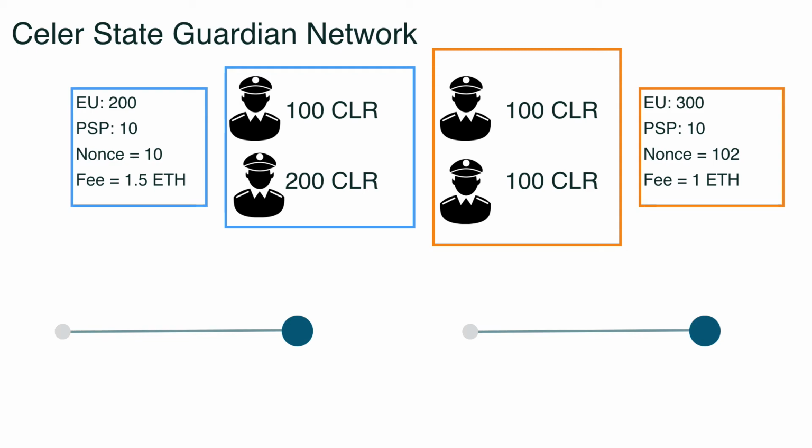And therefore, you are insured with future income flow instead of a spot payment. So if all the state guardians who are responsible for your state didn't perform their job, and later on you find that out, you can dispute in this special sidechain smart contract, and you get all of their Celer token, and therefore you get an income flow, effectively. Ignoring the frictions, you get income flow.